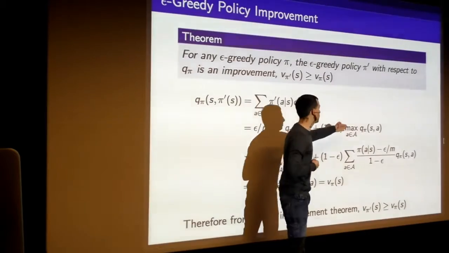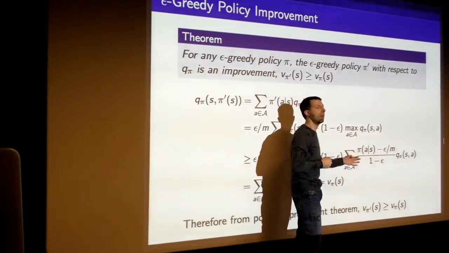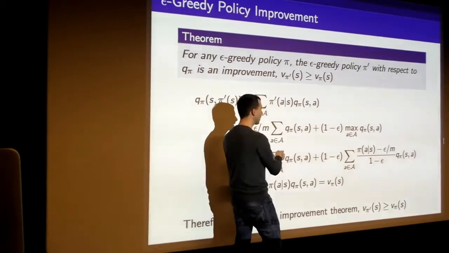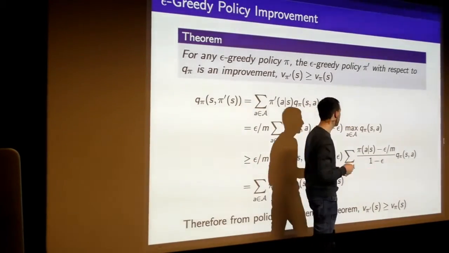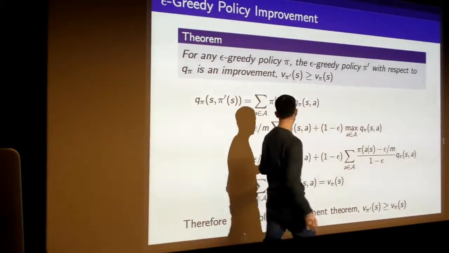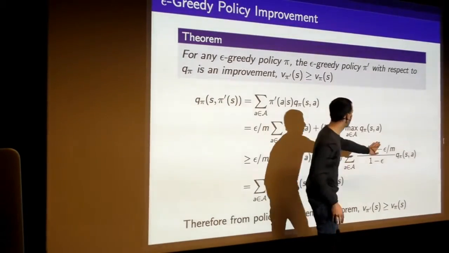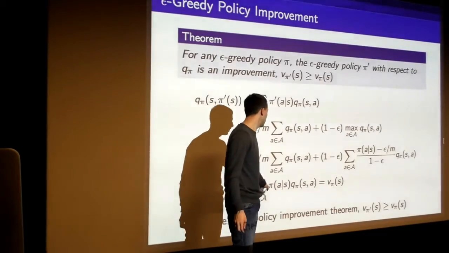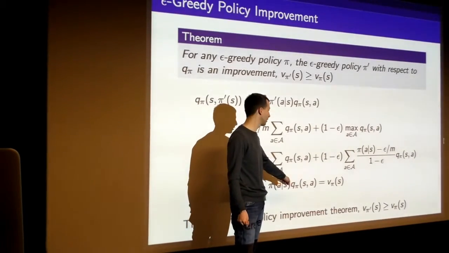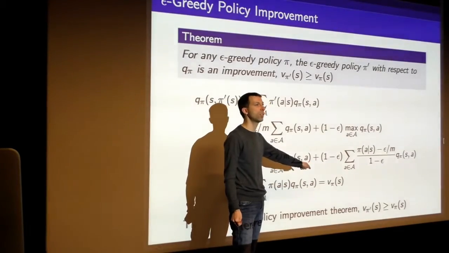And we're just going to say that the max has to be better than that weighted sum of your Q values. And now you can just collect terms together, and we see that we've got 1 minus epsilon on 1 minus epsilon. So this term over here just cancels with this term over here, and you're just left with an expectation over your Q values, which is your original value function.